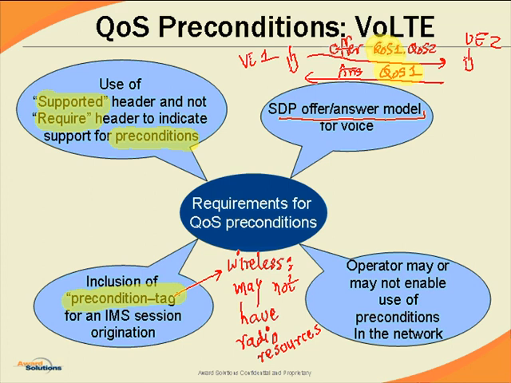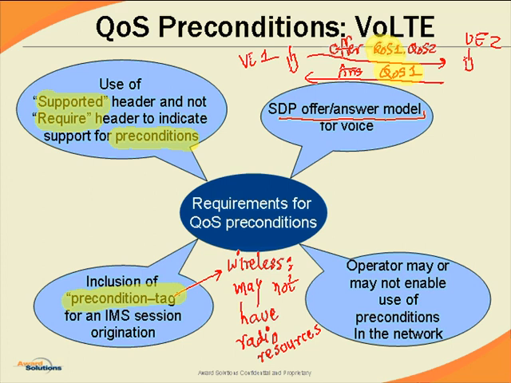And that's where this precondition tag comes into the picture. So until quality of service is satisfied, until we have reserved radio resources to support that kind of call, we will not move forward. So that will make sure that we spend the processing power wisely.